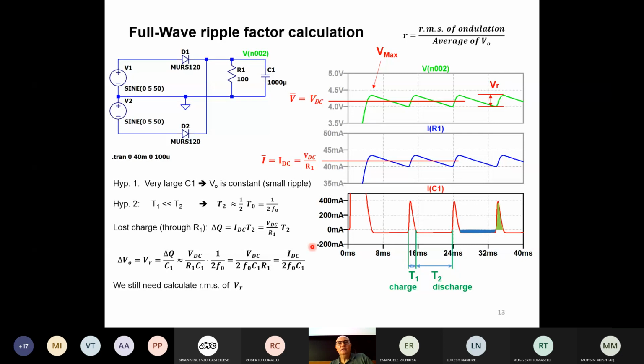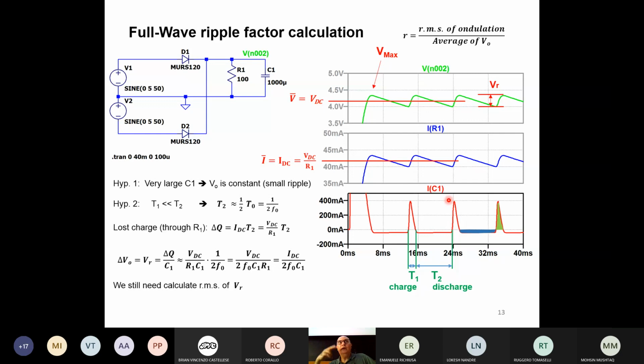So we can say that T1 is negligible compared with T2. This means that when I have to calculate T2, I can say that T2 is basically the time between two peaks. So I neglect T1, but what is the interval between two peaks?